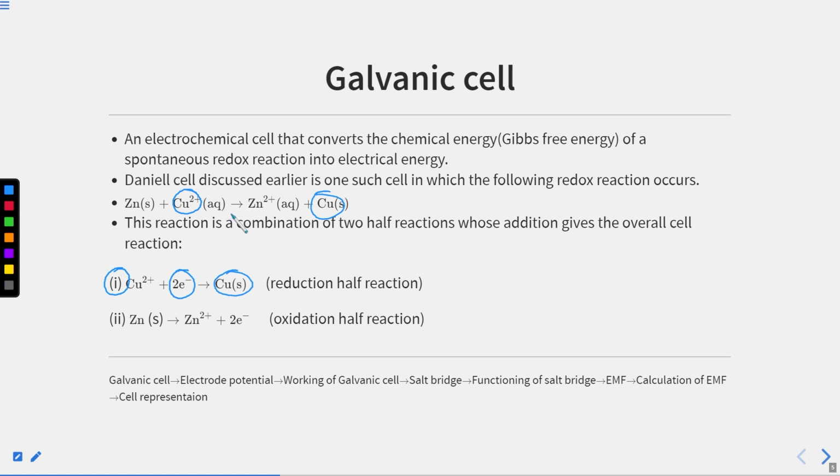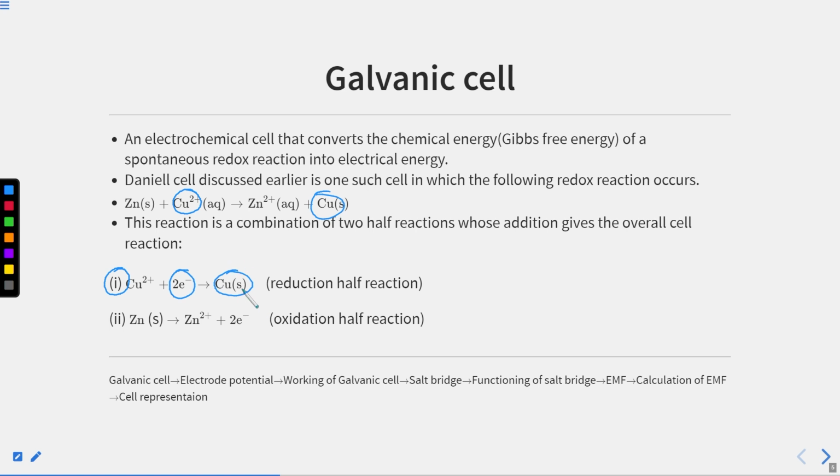Because we have to make a solution, and copper sulfate and these salts are in crystal form. So we dissolve it in water to make a solution. So this Cu2+ or this salt is present in aqueous form, which represents that we have dissolved it in water. Now the S, solid, represents that we have pure copper metal.